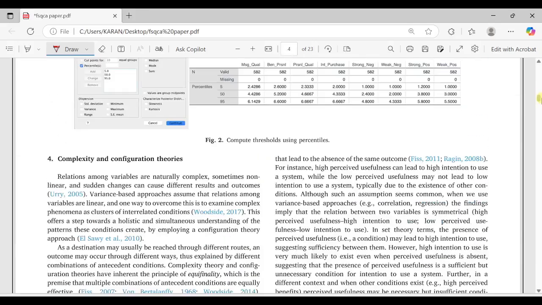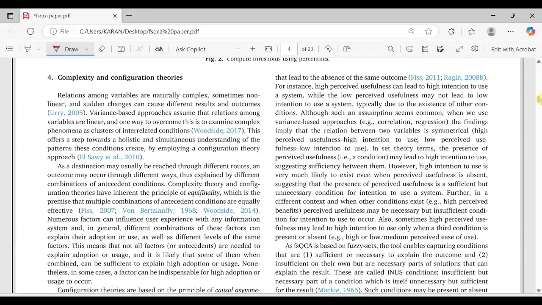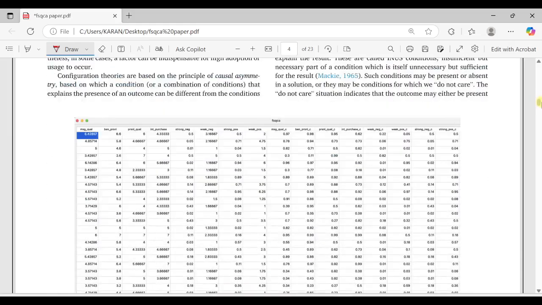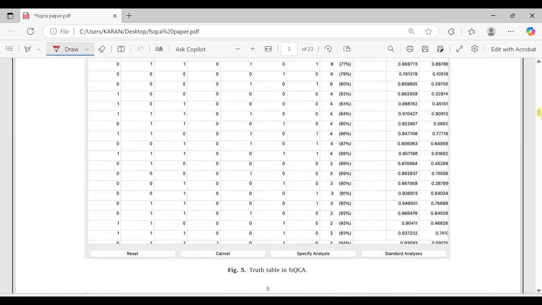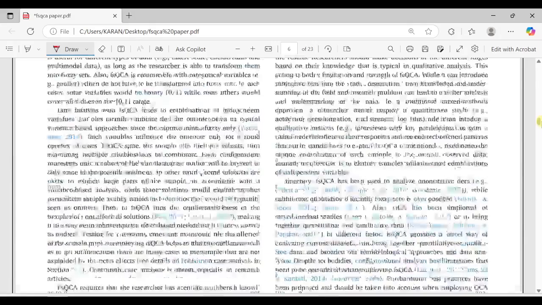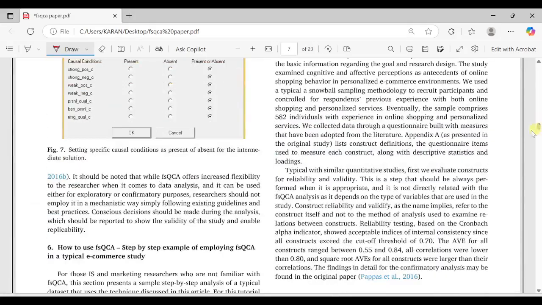Now, this paper is quite good if you read it with care and you understand each and every line which is mentioned by the authors. And that is why I recommend you to go through this paper, read it well in case you are interested to employ fsQCA in your next research article.